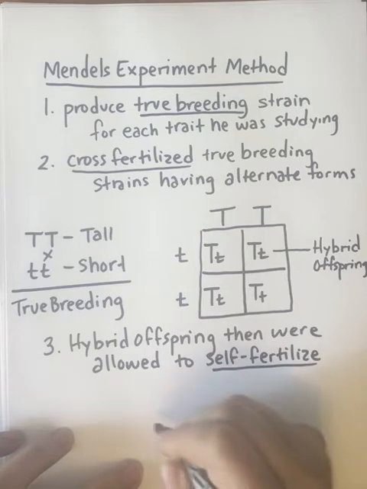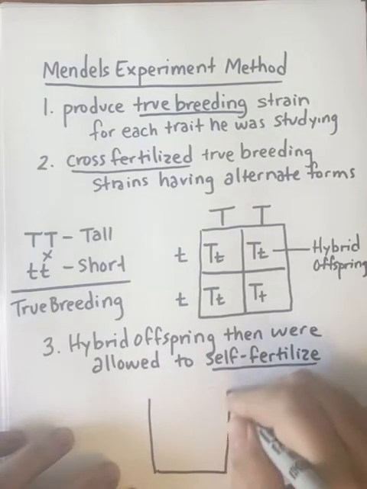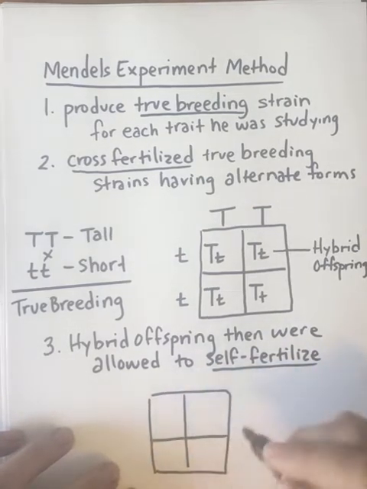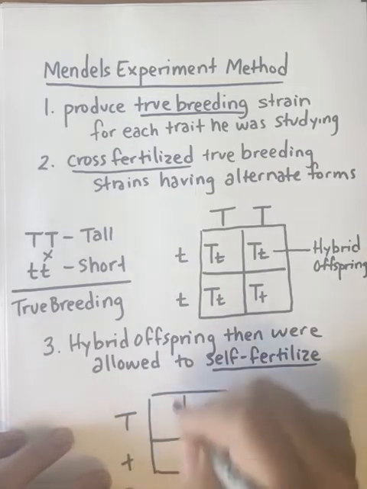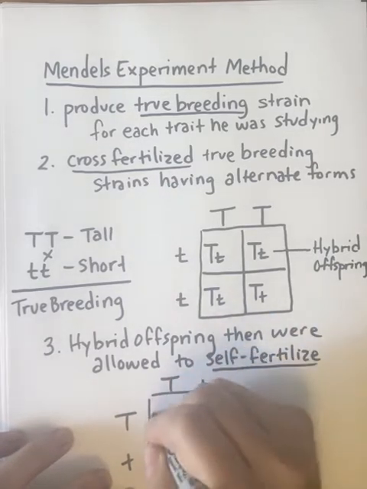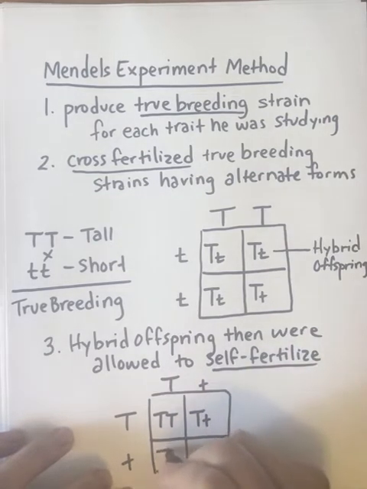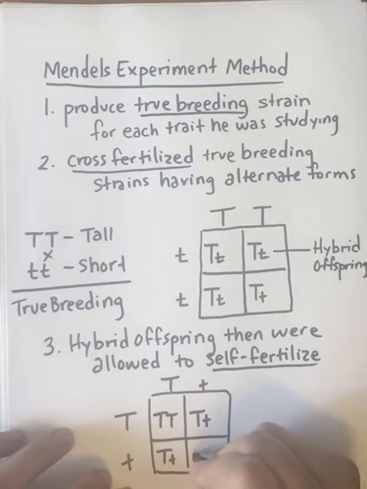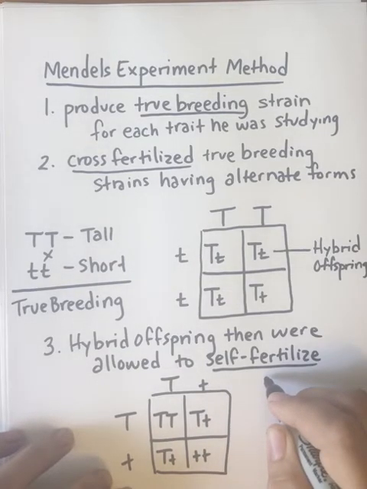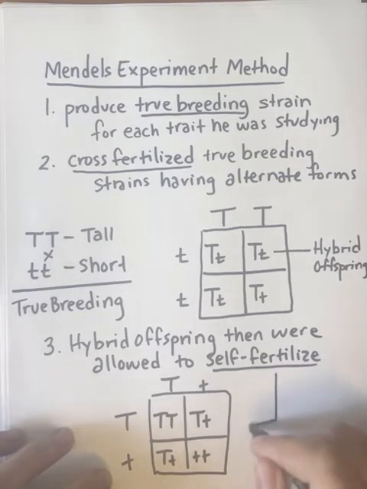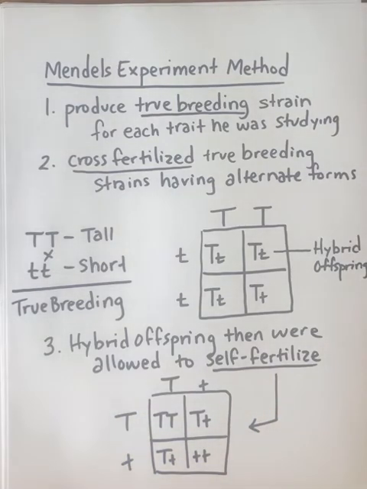So you cross it with itself, and it created its own offspring as well that looked different than the parents. So this is the offspring of self-fertilization. So this was his experiment design.